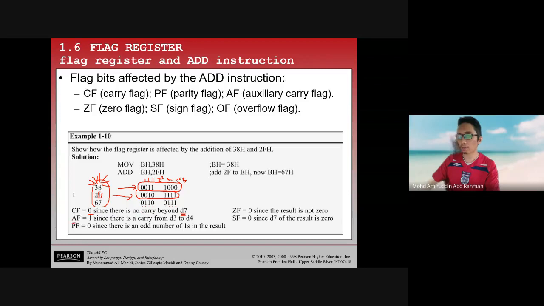The AF, the auxiliary carry flag, is 1. Why? We look at D3 to D4. So here is D3, and here is D4.